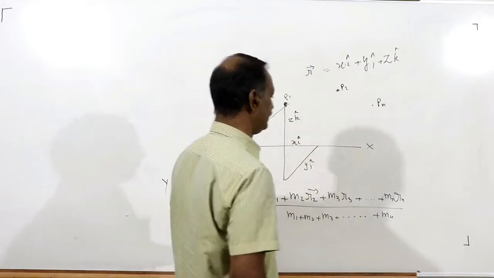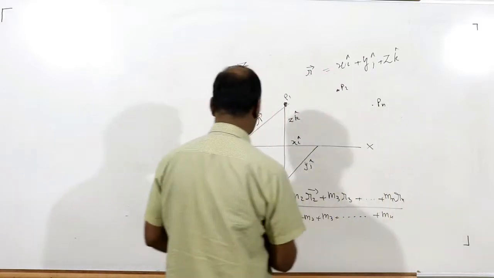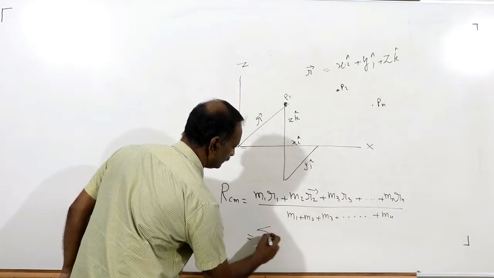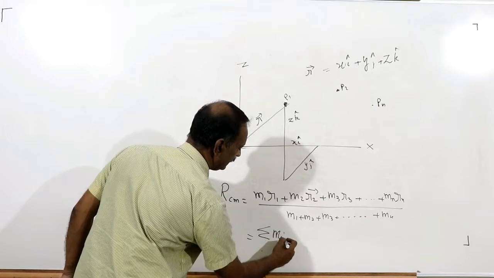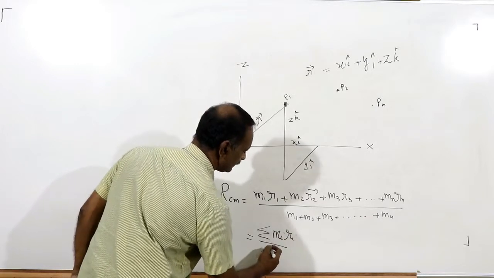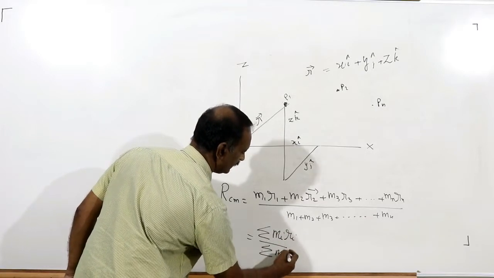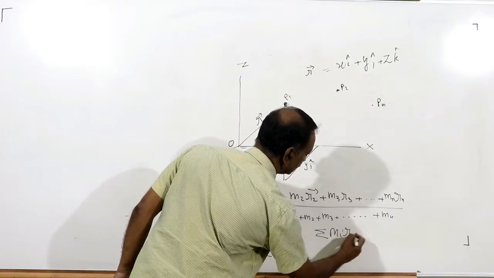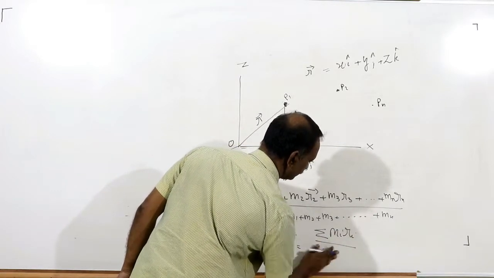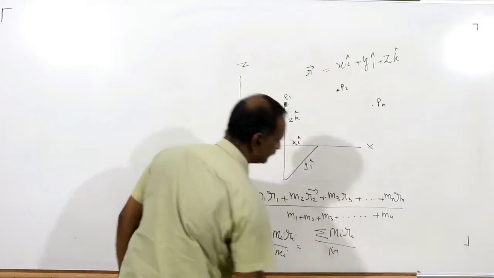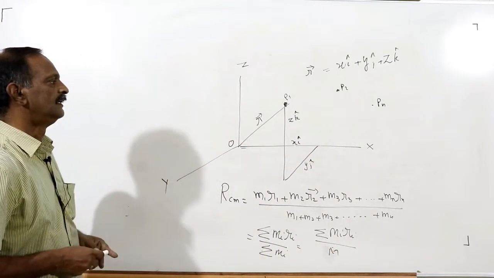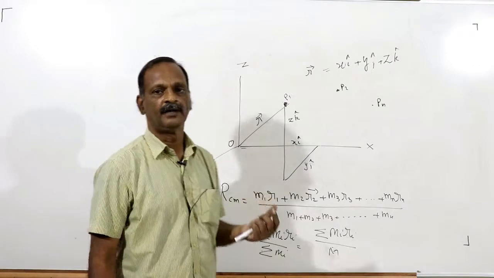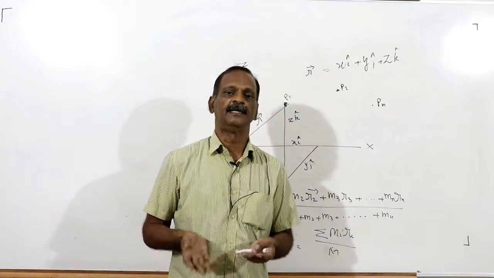This can be written as sigma mi ri divided by sigma mi, the total mass of the system. This is how we find the center of mass of a system situated at different coordinates.